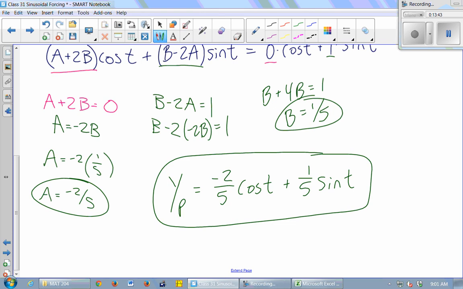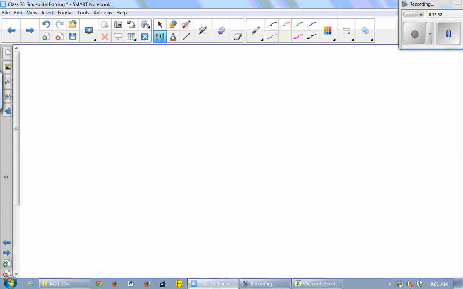Add the yh and the yp. The solution to the homogeneous and to the particular solution. So I've got to remember what they were. So my y general was my yh plus my yp. So I'll write that down.